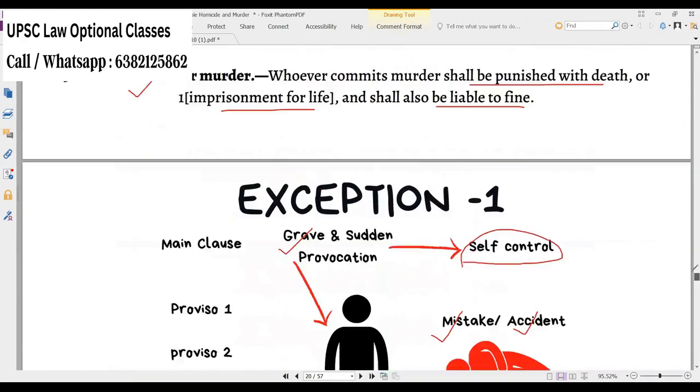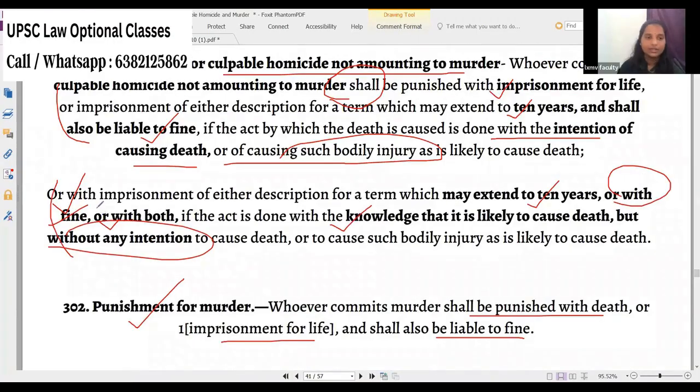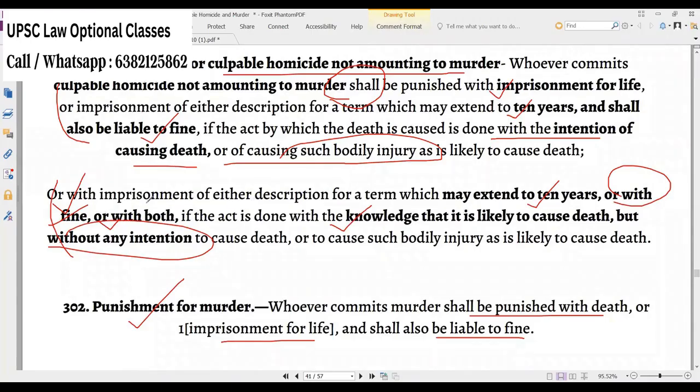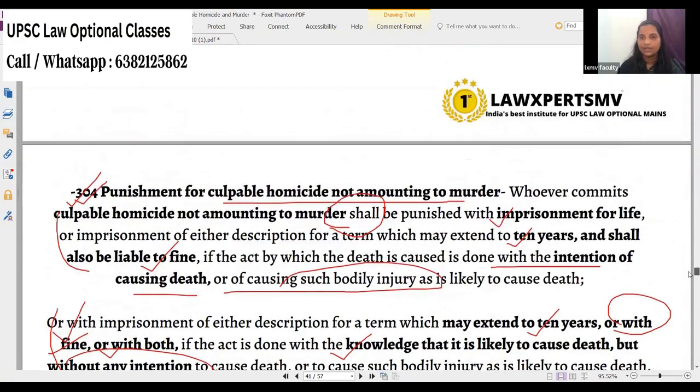Okay, ma'am. Let me read it for you, sir. 304 part 1, I'll read for you, sir, so you can understand. One minute, sir. Let me put up a web page, so it will be very clear.